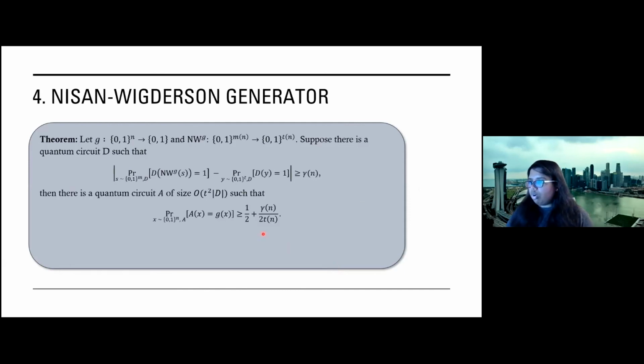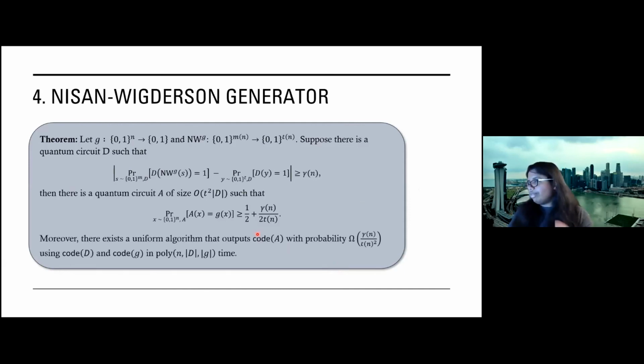Now you can understand the idea behind what this theorem is going to say. Essentially, this tells me how I can reconstruct from the Nisan-Wigderson construction and get it back to the Goldreich-Levin level. So you're reconstructing at a different level of the construction.